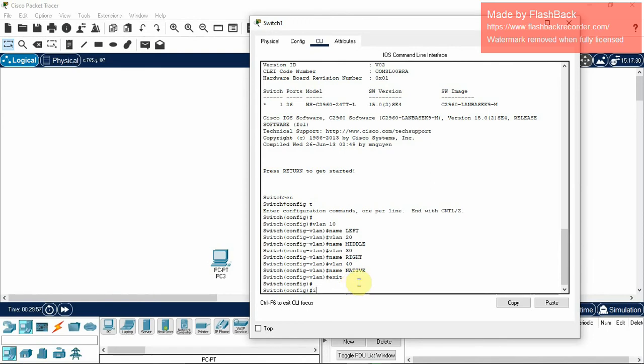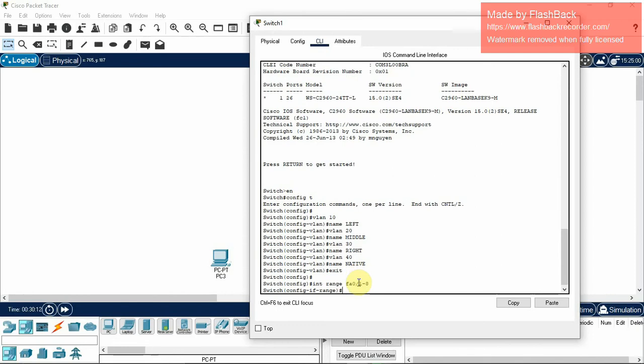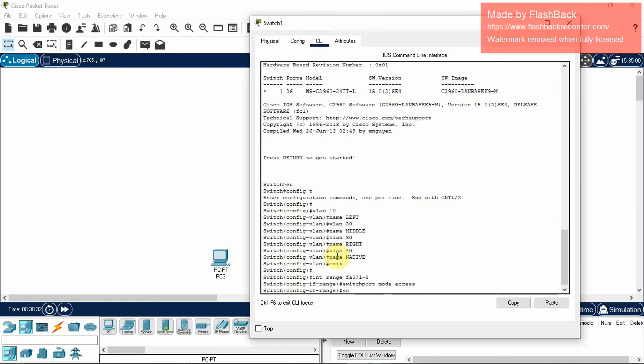So at the switch here we are going to divide the interfaces. So say interface range, to 8. That is going to be the first one. So we're going to allocate the switch to it. So switchport mode is going to be access, of course, because we are connecting to the devices, the PCs. So it's going to be the access mode.